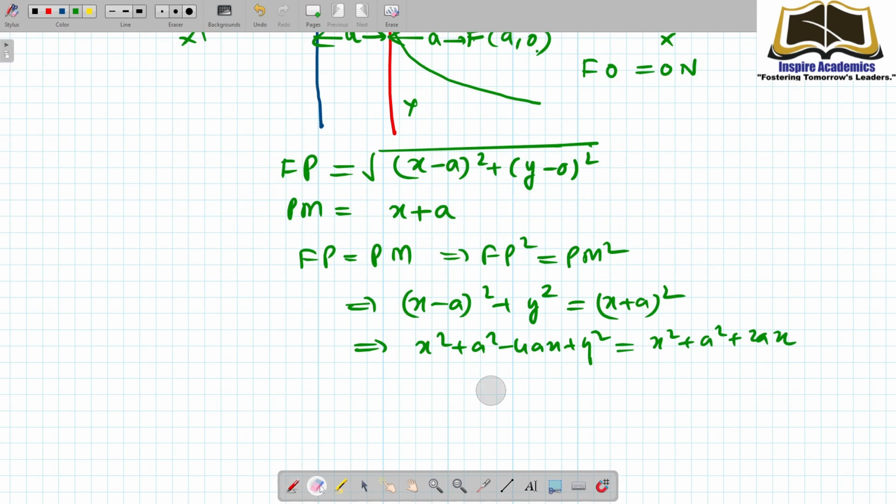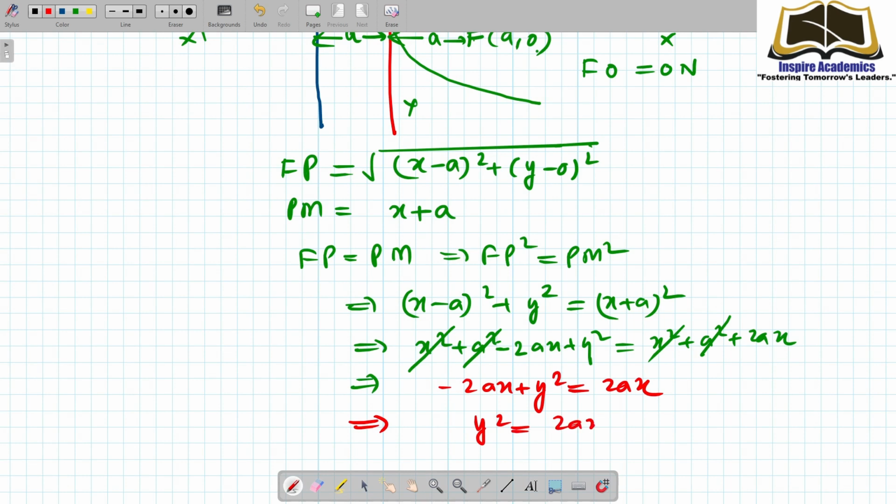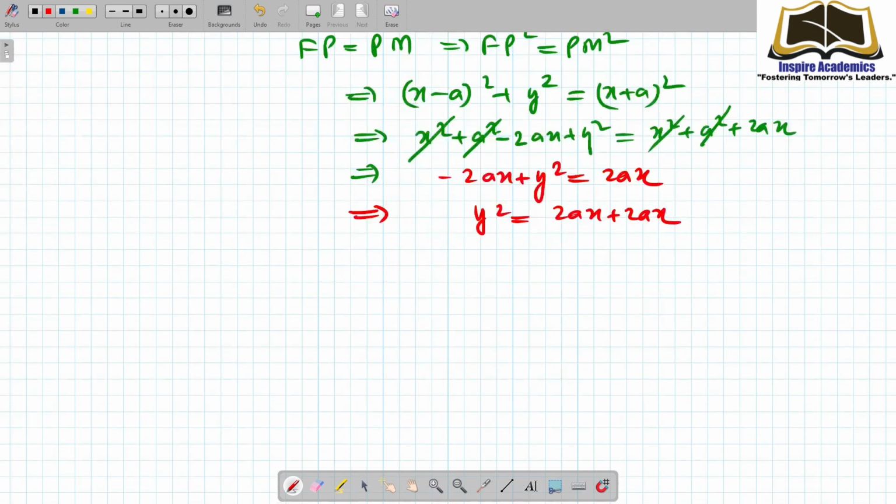There is a slight error here, let's correct that error. It is 2ax. Okay, so we can cancel x square, we can also cancel a square. So what is it that we are going to get? Minus 2ax plus y square equal to 2ax, and y square is equal to 2ax plus 2ax. So we're going to get y square equal to 4ax.